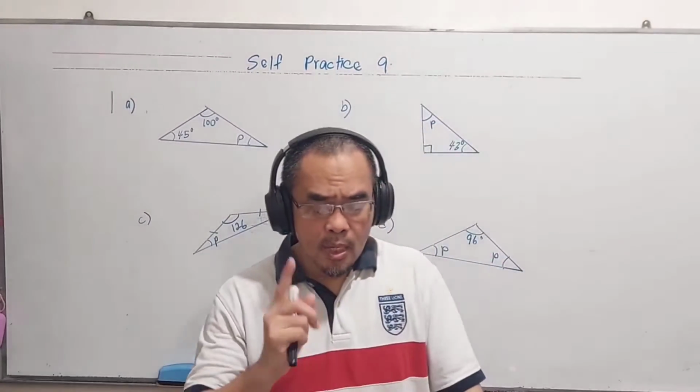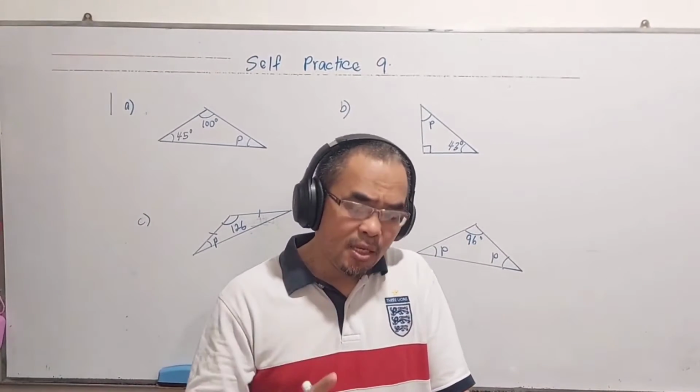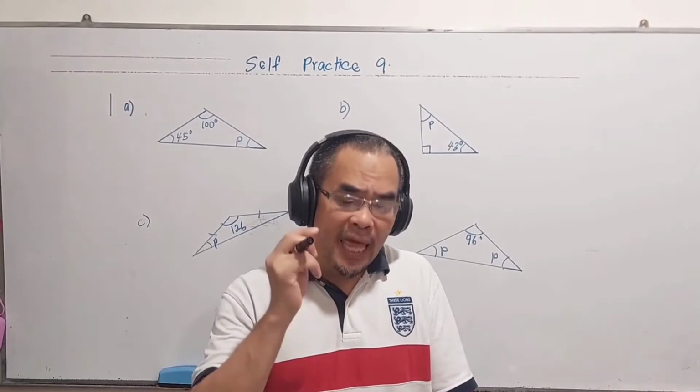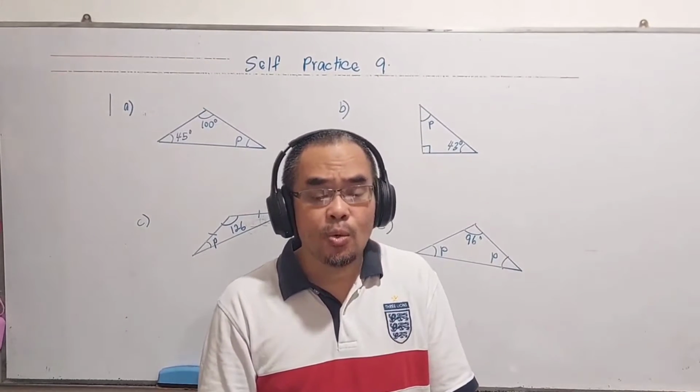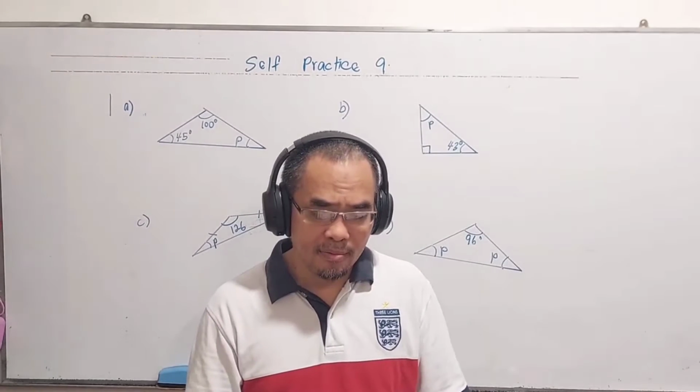Okay, so first what you have to understand, in all triangles, the total angle in any triangle is 180 degrees. How do you know that?